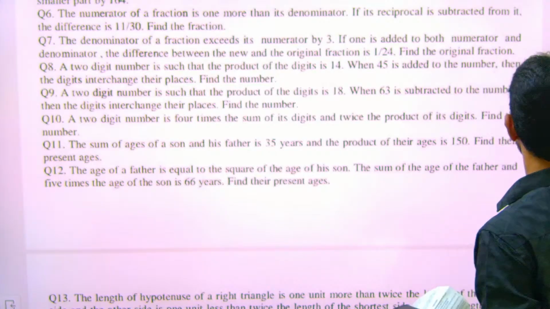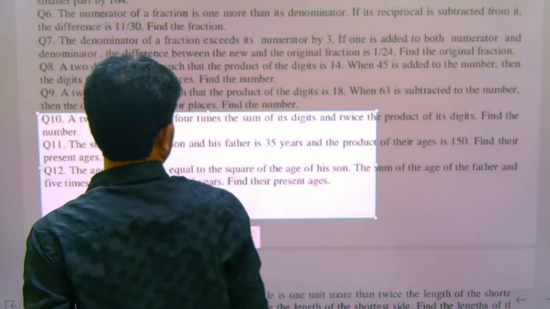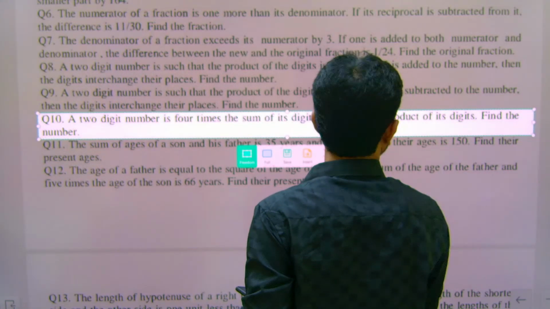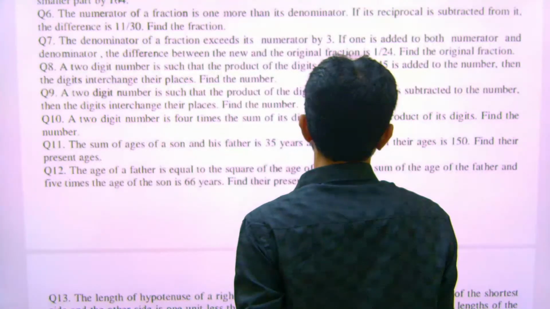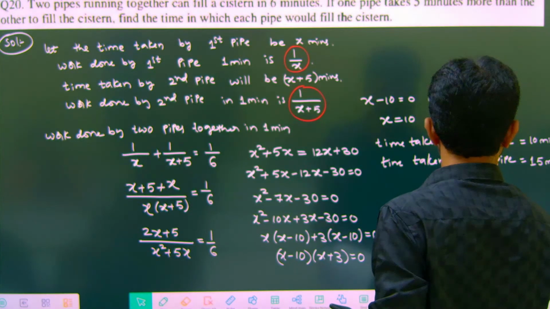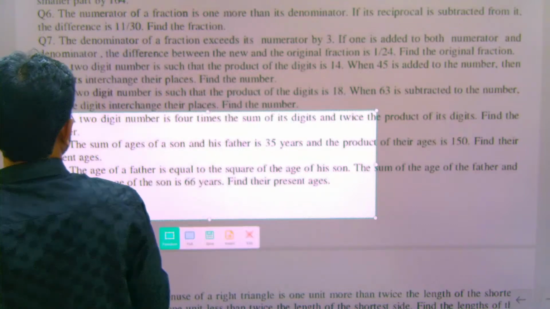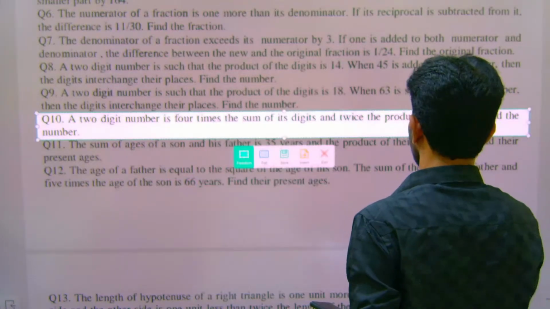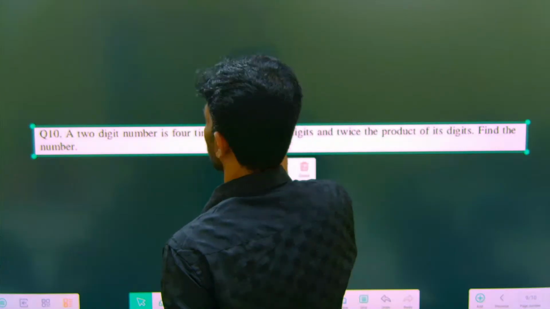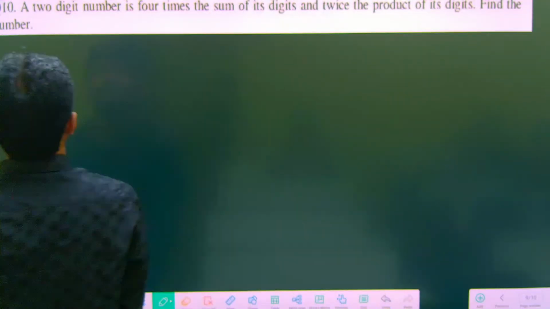Find the number. This is about a two digit number.